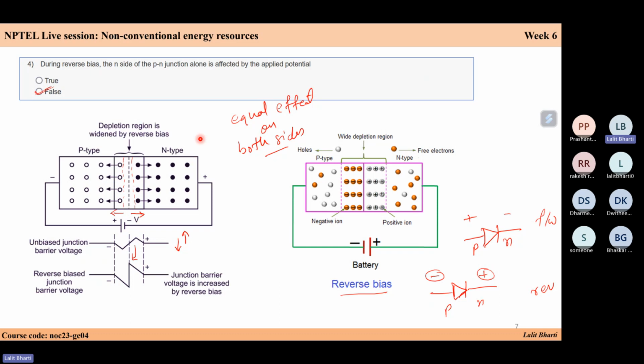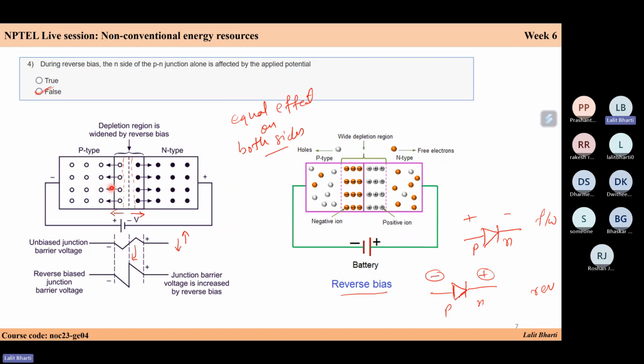I guess we discussed this in the last class. If you reverse bias it, both the P side and N side will be affected, and you will get a barrier and a junction voltage, which will be distributed at both sides. There will be opposite charges at opposite sides.